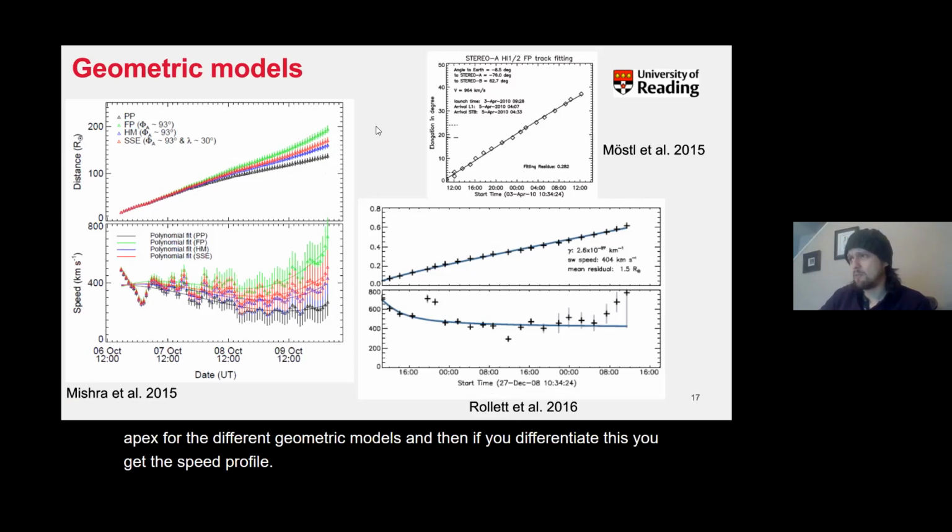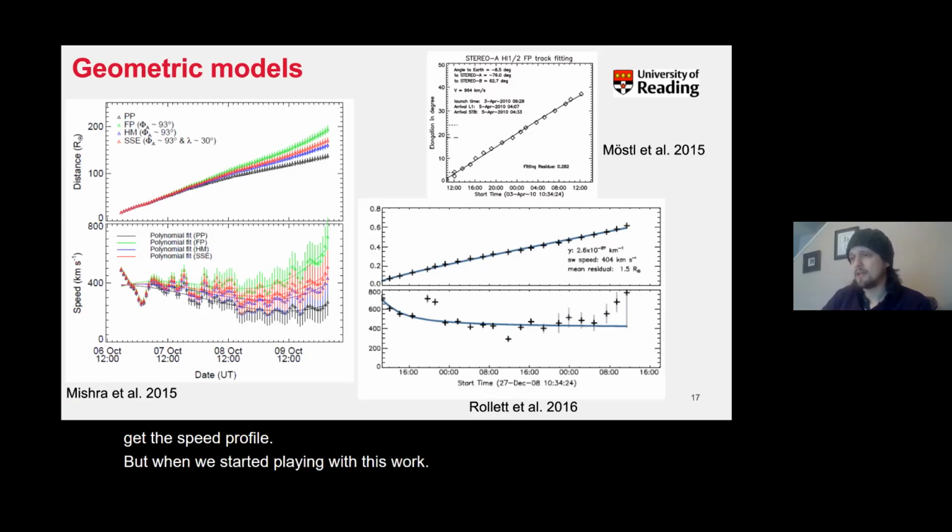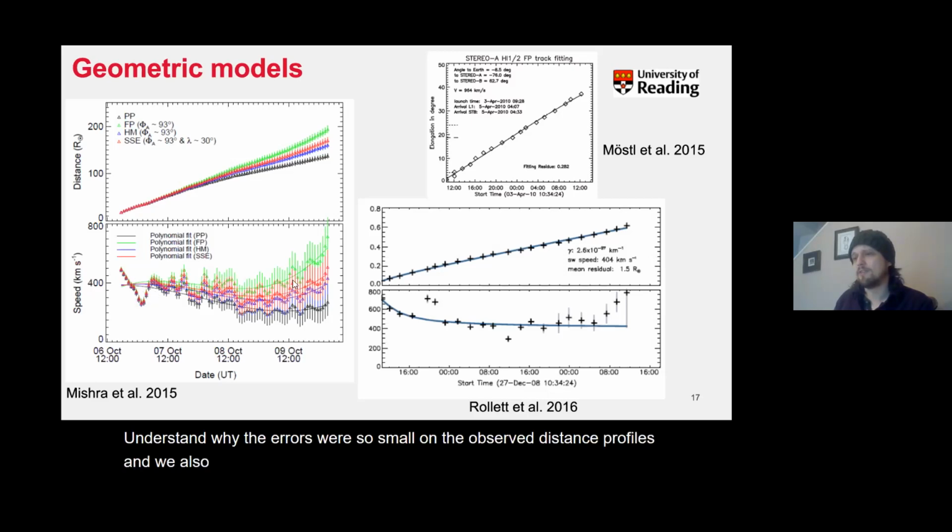But when we started playing with this work 5 years ago, we found that we couldn't understand why the errors were so small on the observed distance profiles. We also didn't understand these unphysical late stage accelerations that you see in the speed profiles, for example, in this plot here, but also here.